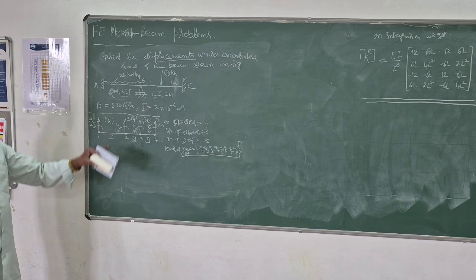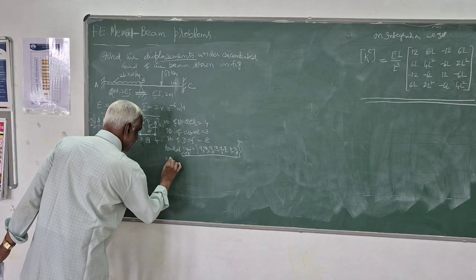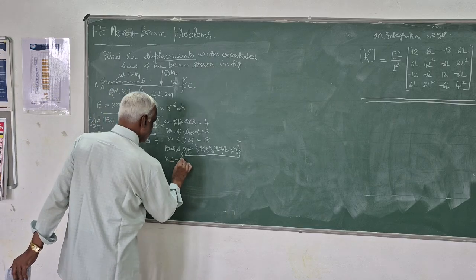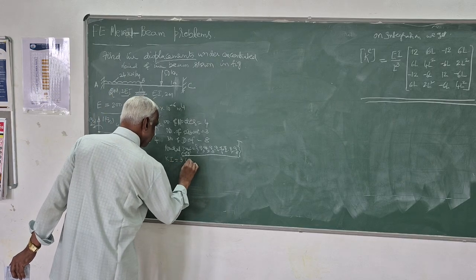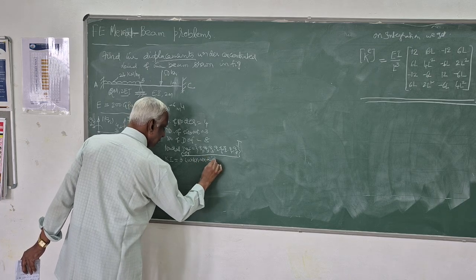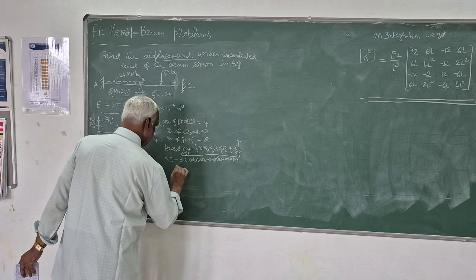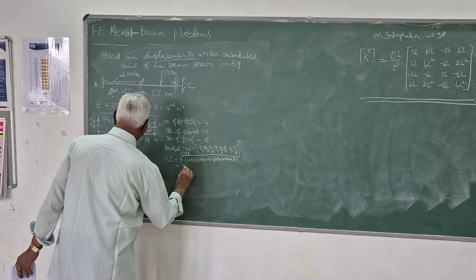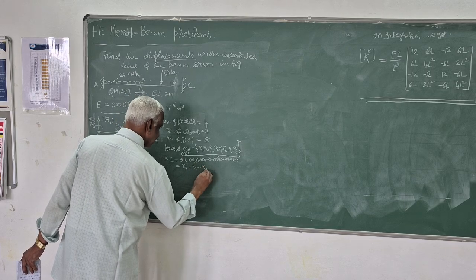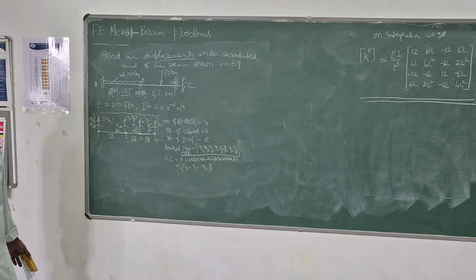There are 8 degrees of freedom, and the kinematic indeterminacy is only 3. That is the unknown displacements, that is your Q4, Q5, Q6.